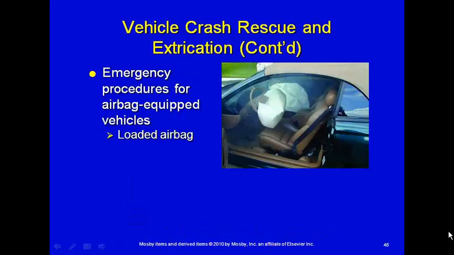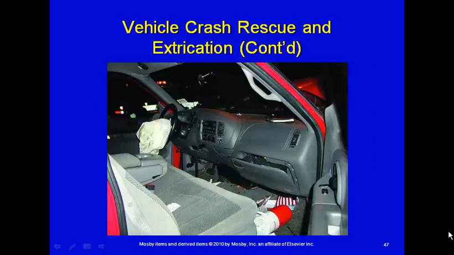When airbags do deploy, they put some dust, usually talc powder, in the air, which may be an irritant to some people. People just need to be aware that it's just that. It's just talc powder and shouldn't pose any sort of anaphylactic reaction or that sort of thing.